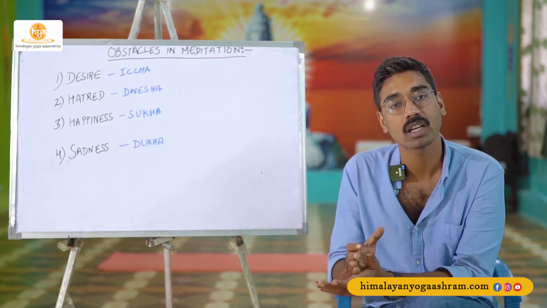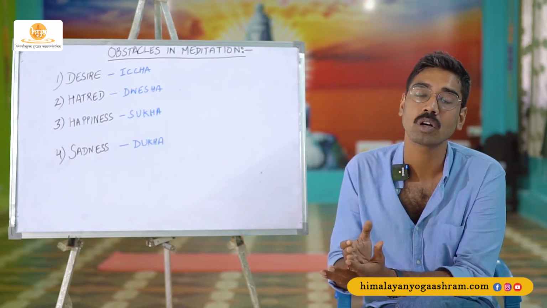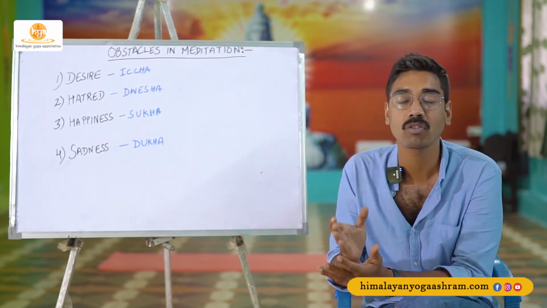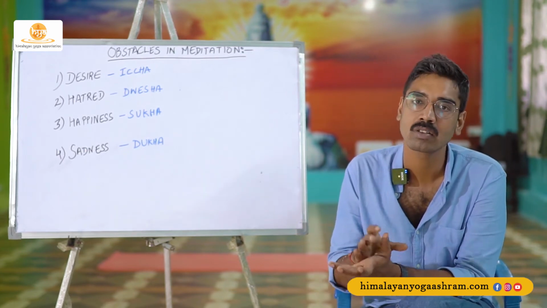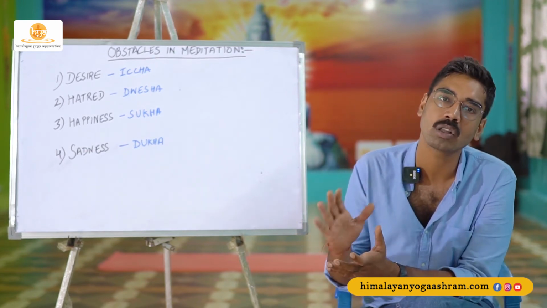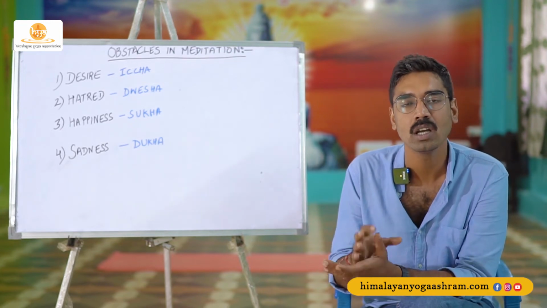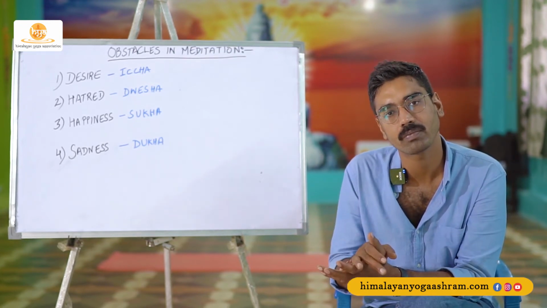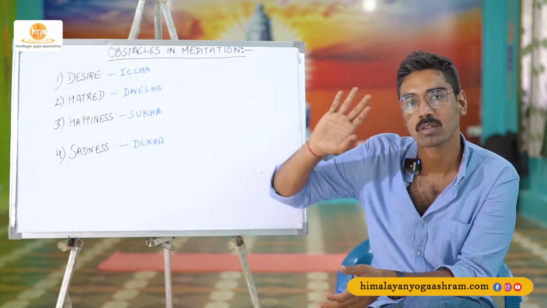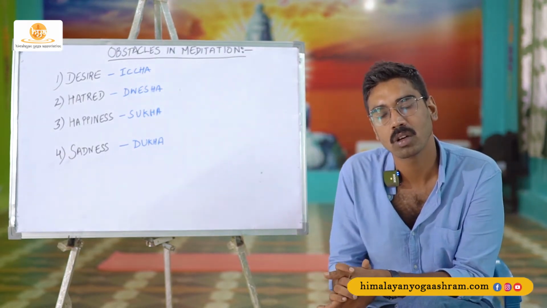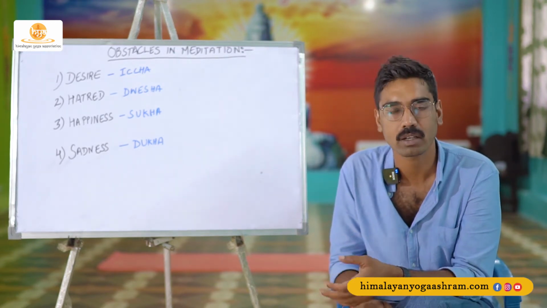Not having any desires, being content with what you are, how you are, whatever you have is enough. Whether you have it or you don't have it, that is still going to help you go on in this yogic journey, no matter what you take with you. So getting rid of desires is the first thing that you need to take away from your mind.